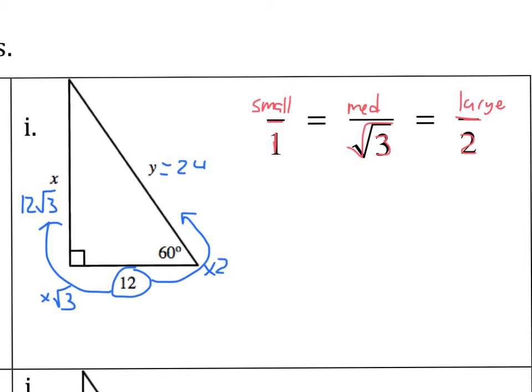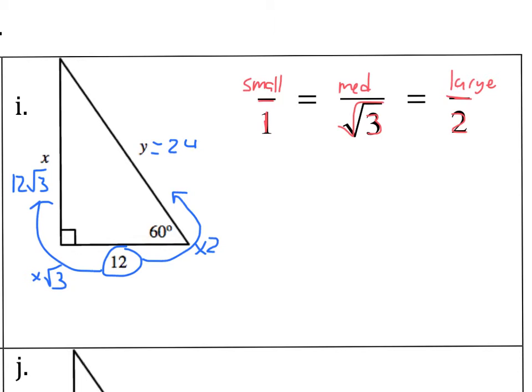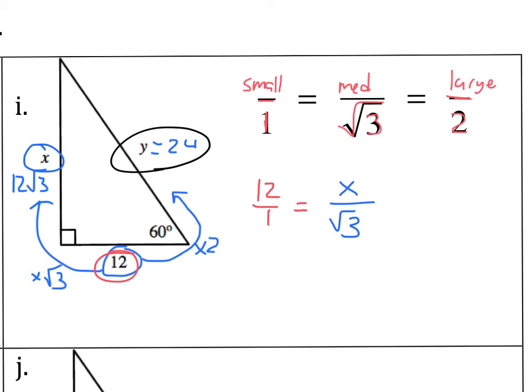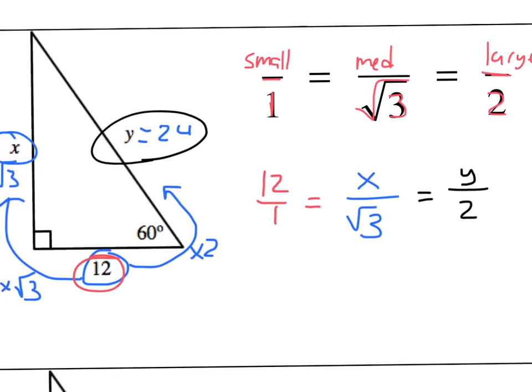So now let's see which one's small, medium, and large. The 12 here is my small, so 12 over 1 equals the medium, x over radical 3, and the large, which is y at this stage, because I actually haven't figured out the answer. Now I just need to solve something.